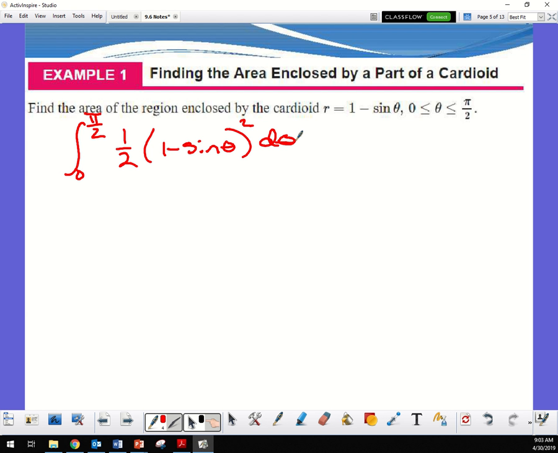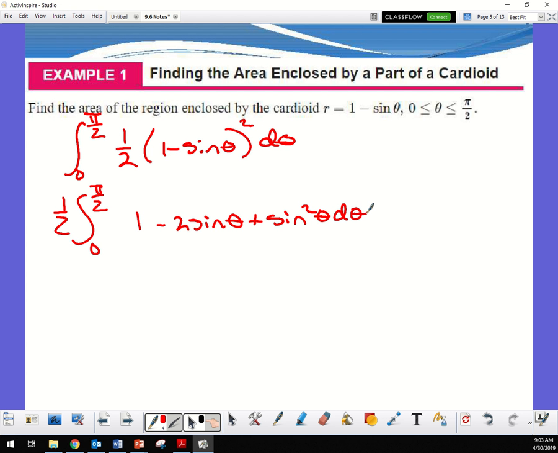So let's go ahead and take that 1/2 out and expand my 1 minus sine theta squared. So it's going to be 1/2 integral from 0 to pi over 2 of 1 minus 2 sine theta plus sine squared theta d theta.